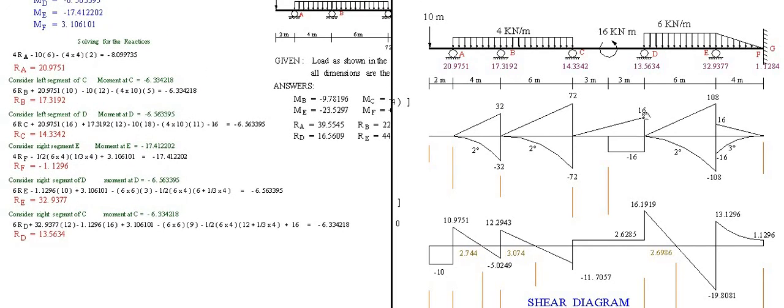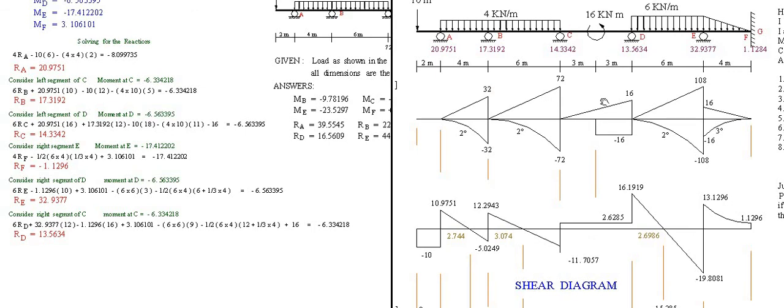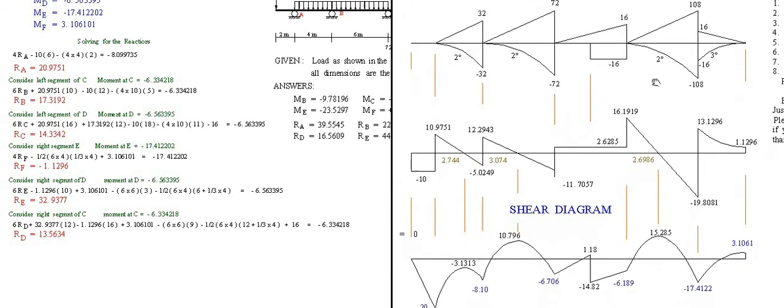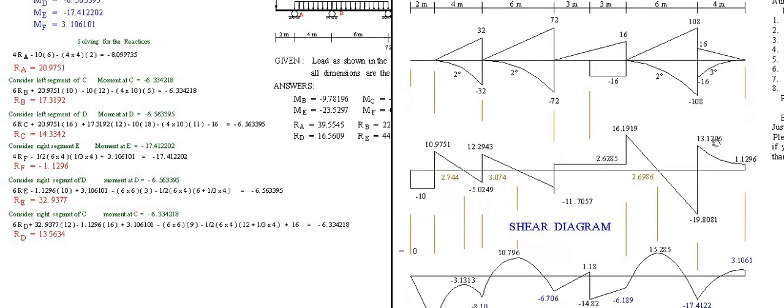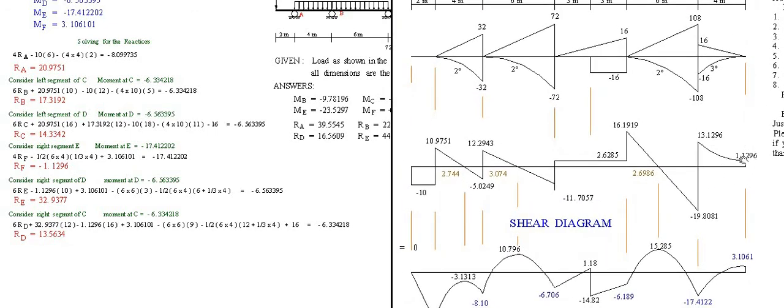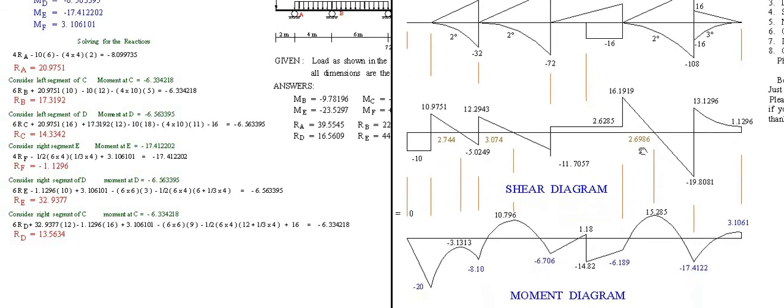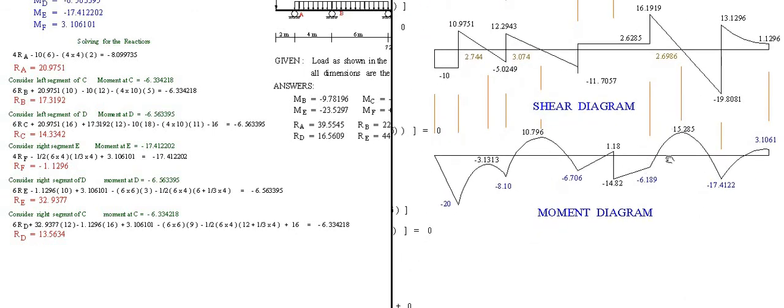Given all the forces, surely the shear diagram must be closed. This is the shear diagram. Force on F is negative. It must close here to 0. Then the moment diagram will look like this.